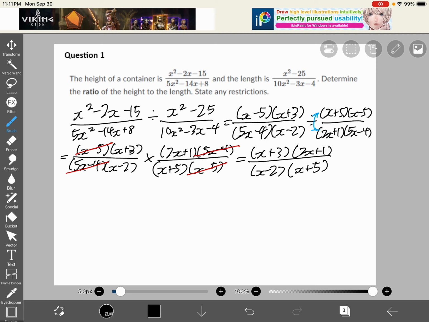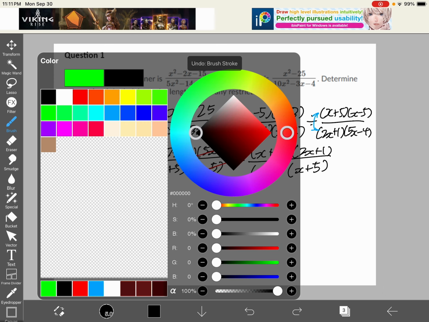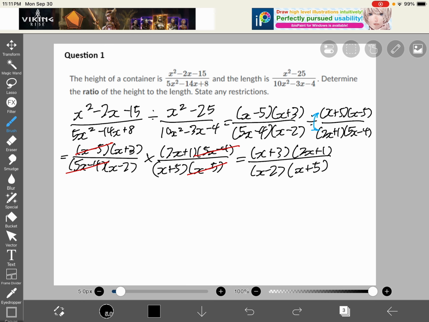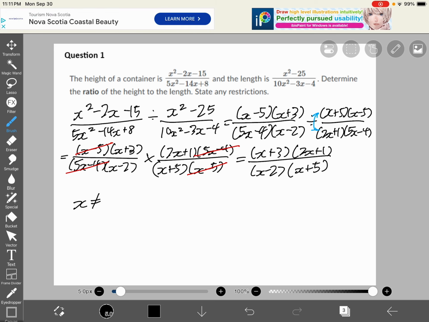Then it says here, state any restrictions. We're going to find out what those are from this expression. So the restrictions should be, let's see, 5x minus 4, x cannot equal 4 over 5.